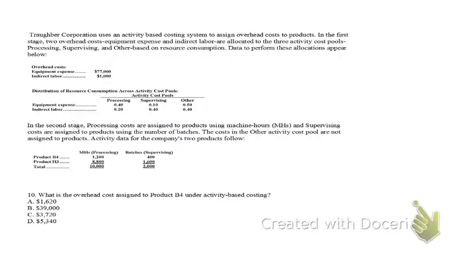This is question number 9. We're looking for the overhead cost assigned to B4. What I need to do is take my 77,000, which is my total dollars, and multiply it times 0.4.